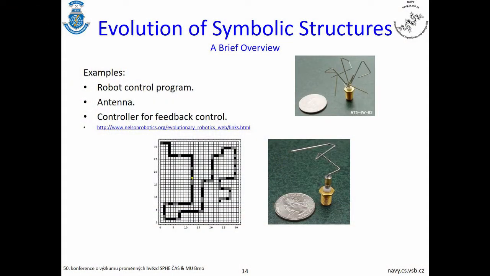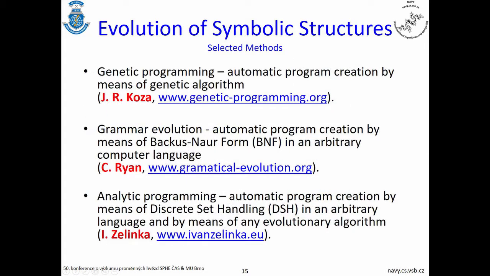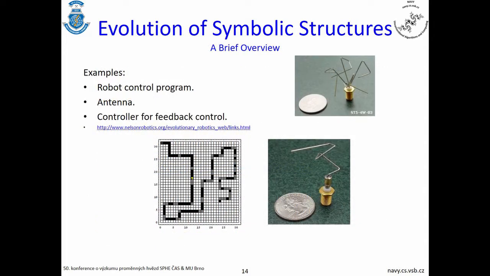Evolutionary algorithms in general are numerical algorithms to estimate numerical parameters. However, they can also be used to build mathematical models on data, which is part of today's presentation, so that those models can describe the behavior of a robot or design an antenna. That antenna was developed by genetic algorithms for a NASA competition.